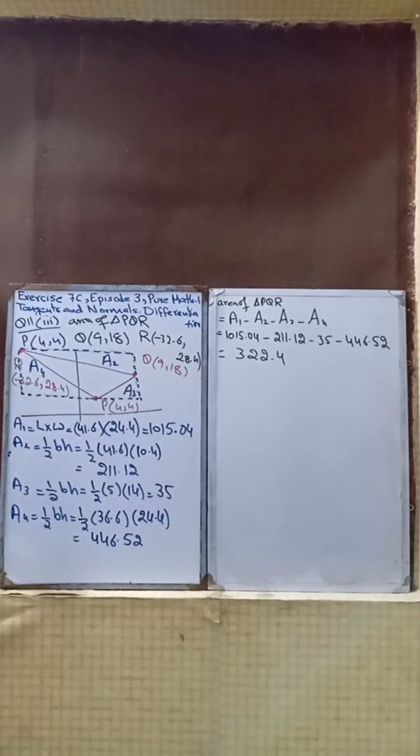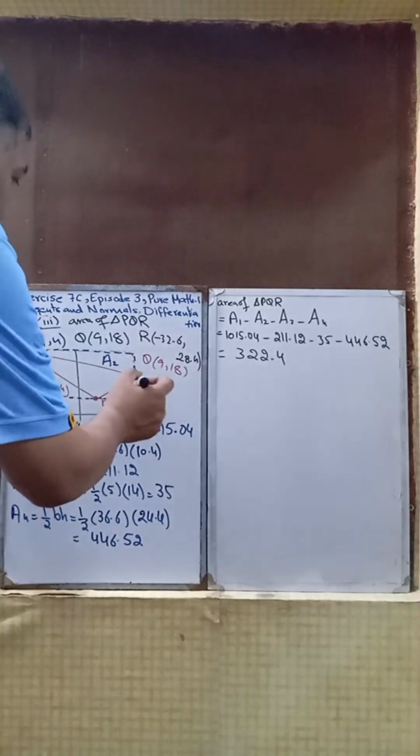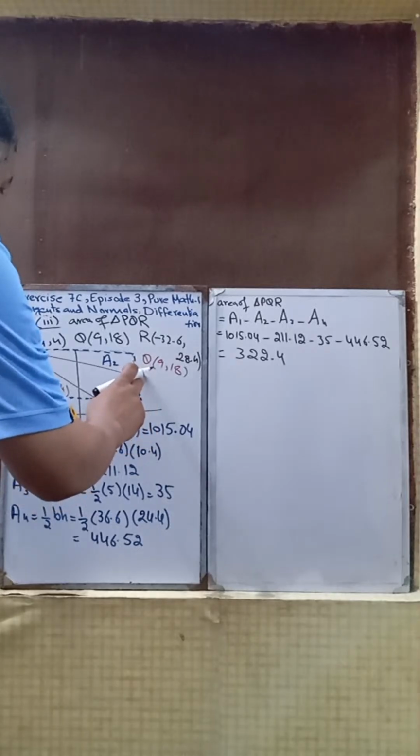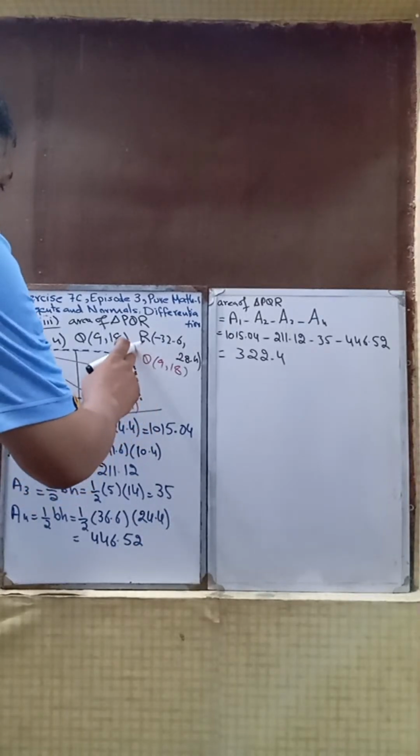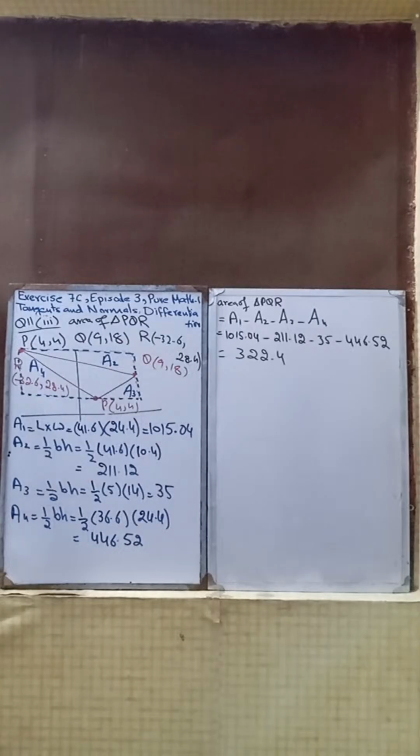Yes, here we made a mistake. This height: this is 18 and this is 28.4. So what's the difference between 18 and 28.4? That's 10.4? Okay, the Q value is 9 comma 18, so 28.4 minus 18 will be 10.4.